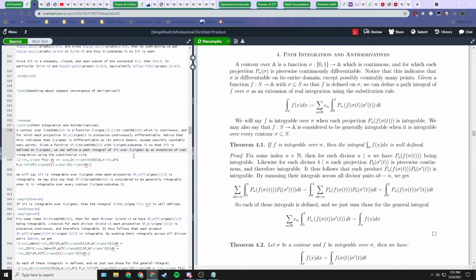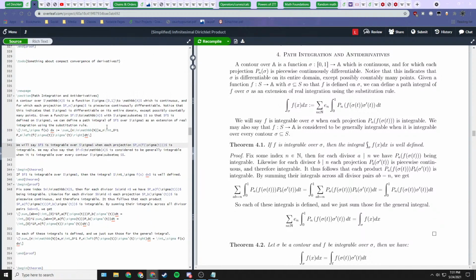We define a path integral, etc., etc. We also say f is considered to be generally integrable when it is integrable over every contour subset to its domain.